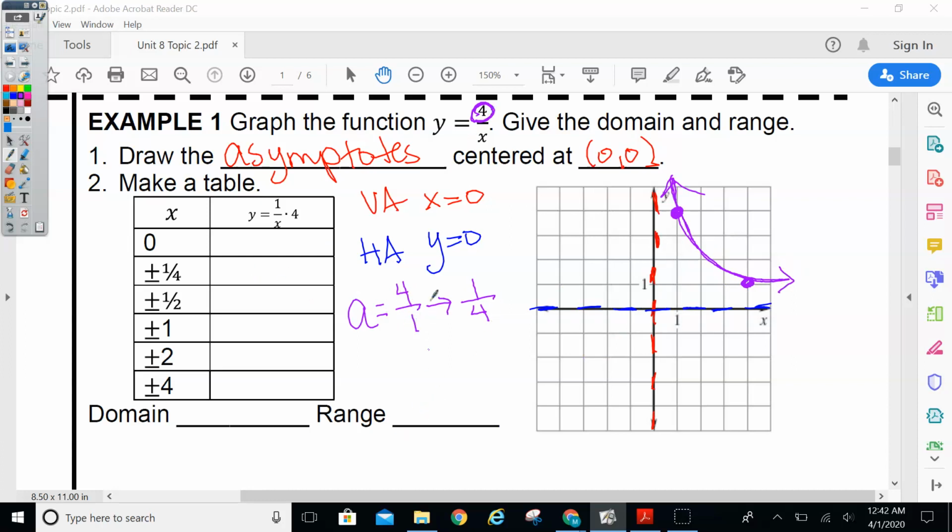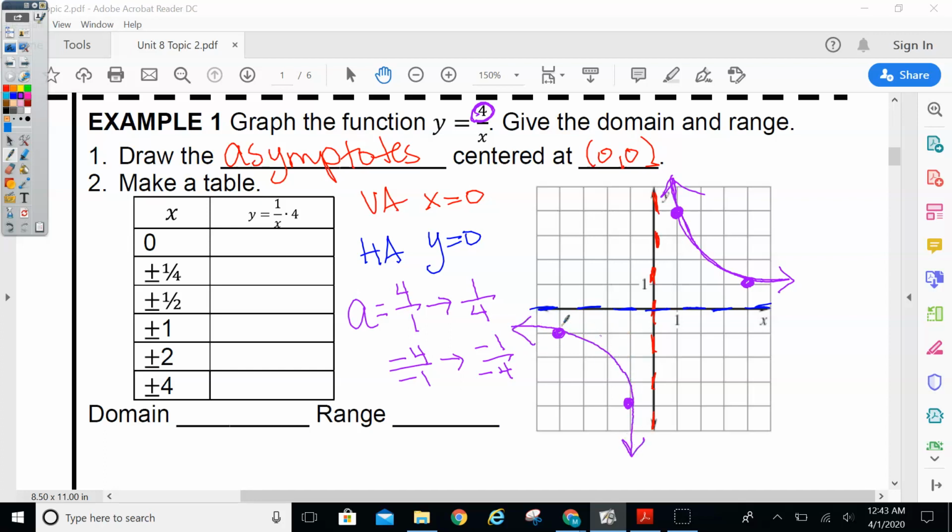So then it would be -4 over -1. So that means I go down 4, 1, 2, 3, 4, -1 to the left. And I can flip this one around as well. -1, -4. Down 1 over 1, 2, 3, 4 to the left. And I have that branch.